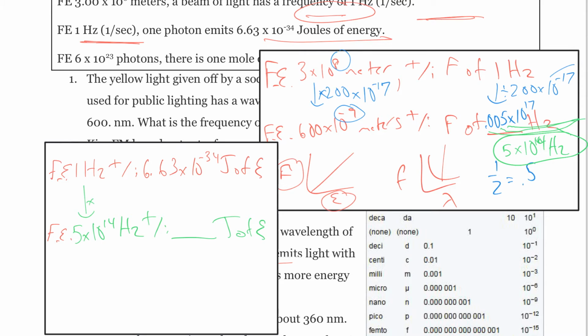So I'm going to multiply by 5 times 10 to the 14th. And over here, I'm going to also multiply by 5 times 10 to the 14th. So this is going to come out to be about 33 times 10 to the, well, we're gaining 14 places, so this is 20th joules of energy. Negative 20th, sorry about that. So still a small number, but it's only 1 photon, so it's 1 small piece.